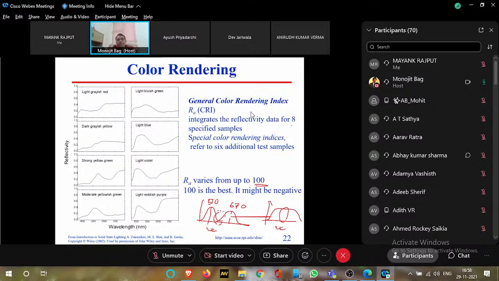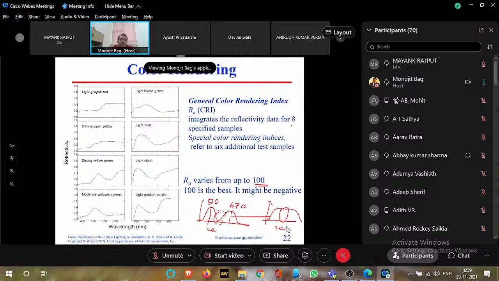Think about, say, a sodium vapor lamp; definitely it will not give you very good color contrast. It is the same as when you go to the market, which is probably very common, especially those who buy clothes and other things. You go to some shop, buy some clothes, assuming that this is the color.